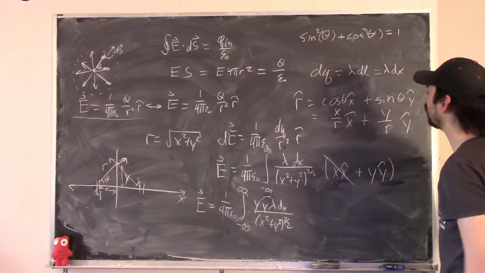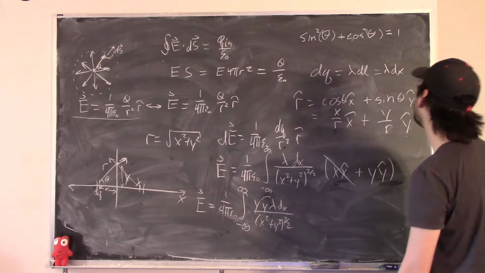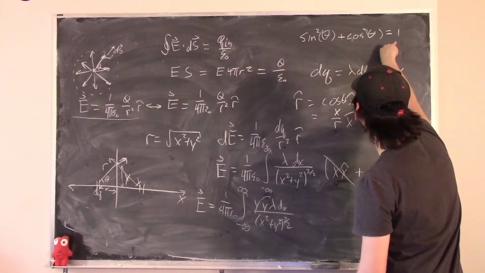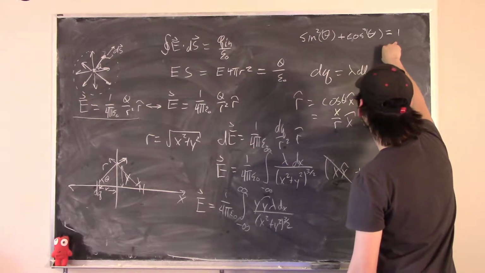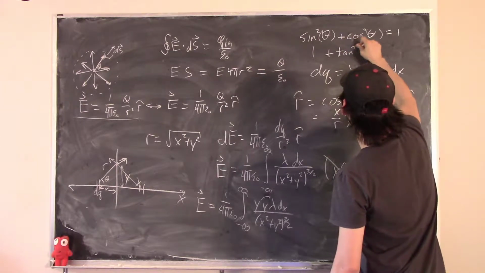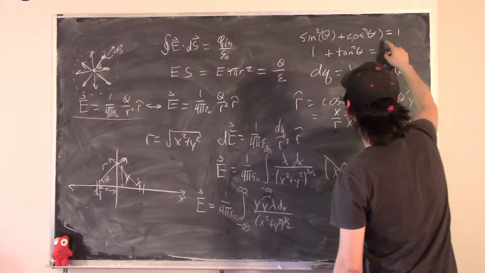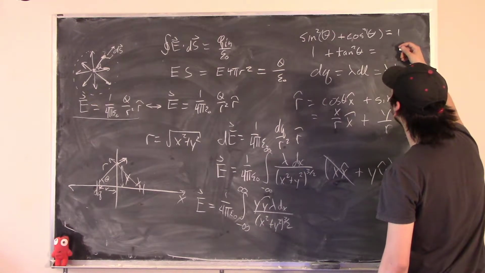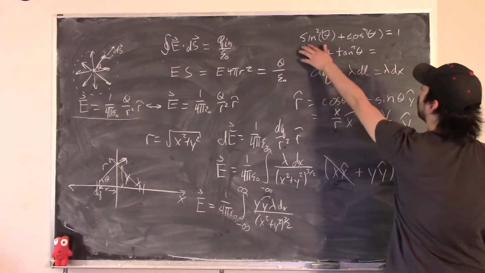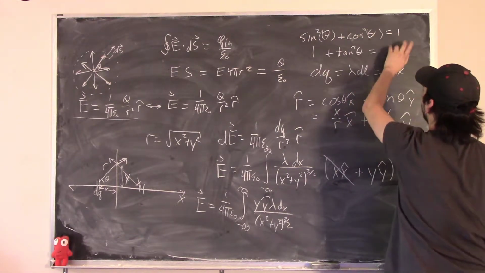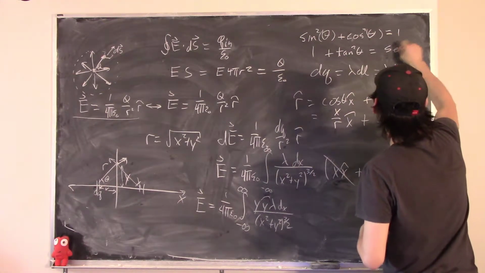Or specifically in this case, if I divide both sides of this by cosine squared, that's going to give me a 1 plus a tangent squared theta is equal to a secant squared. So if I divide this by cosine squared, this one's going to be tangent squared, this is 1, and then this is going to be a secant squared.